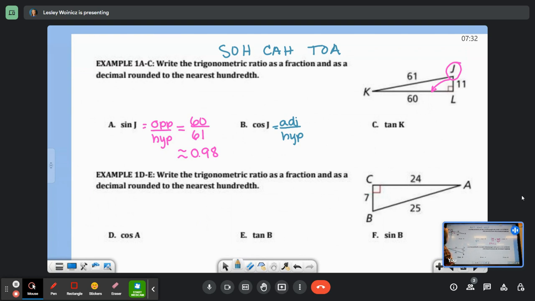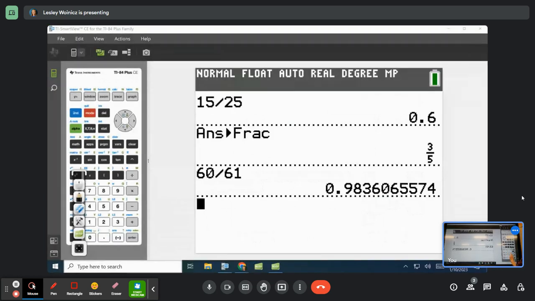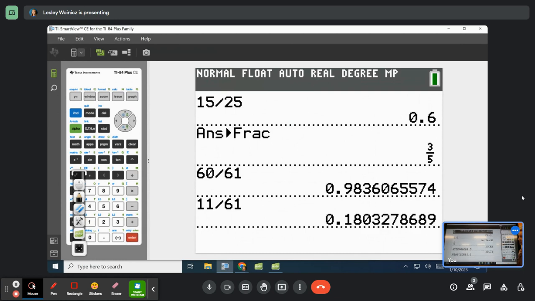Now the adjacent for J is 11, and the hypotenuse is still 61. So the adjacent is 11 and the hypotenuse is 61. You put that in the calculator. I'm getting 0.18.